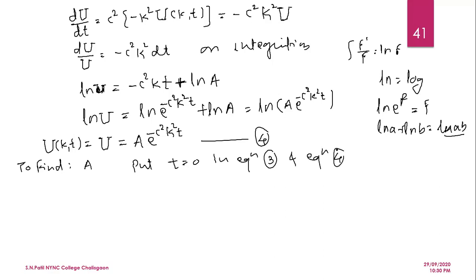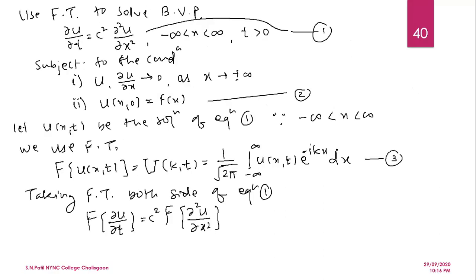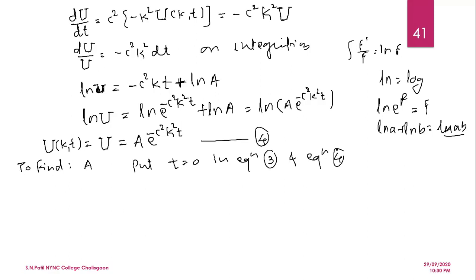The left hand side of equations 3 and 4 is the same. So equation 3 implies capital U of k comma 0 is equal to 1 upon under root 2 pi, integral from minus infinity to plus infinity of u of x comma 0 e to the power minus ikx with respect to x.